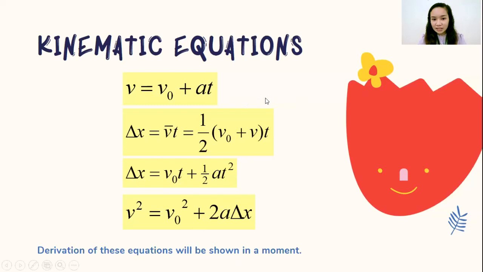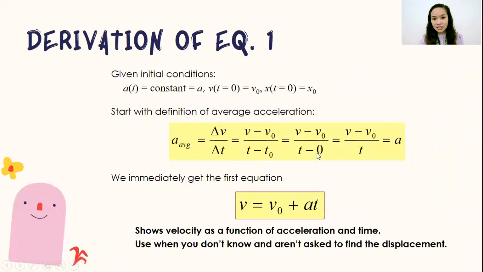This is quite exciting because we will have more problem solving, and the level of difficulty of these problems is a bit higher compared to our previous problems. The derivation of these equations will be shown in the next slides.